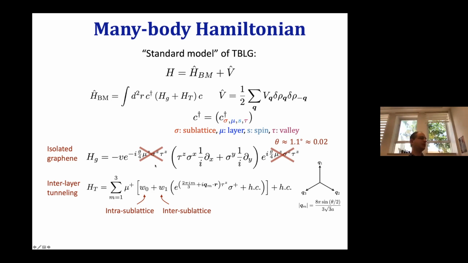So what we're going to do as a first step is neglect these unitary matrices, just replace them by one. And it turns out that once you do that, the system actually has a particle-hole symmetry.